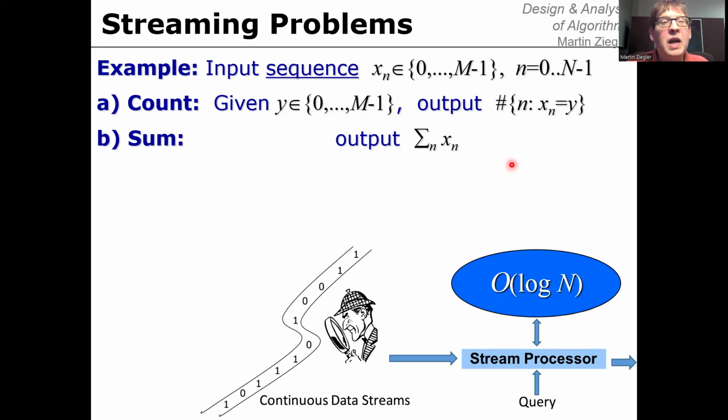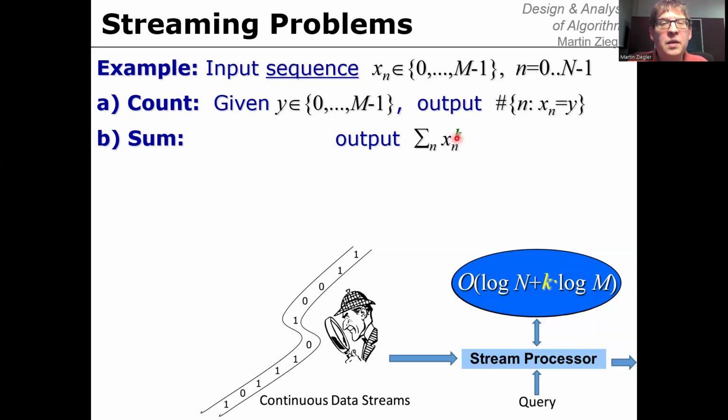Now let's further generalize the sum problem, not only adding the entries of the sequence, but adding powers of the entries. And this is relevant for second and higher moments. Calculating the sum can be used to calculate the average, right? Dividing by capital N after the stream is finished. And similarly, the sum of squares and the sum of cubes correspond to second and third moment statistics of that stream.